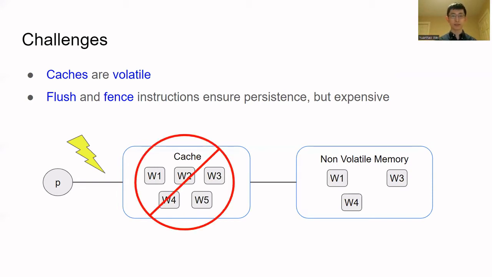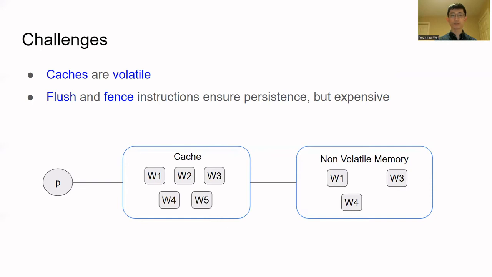Because of this kind of problem, processors have introduced new flush and fence instructions. The flush instruction takes a memory location and it forces it to be written out to main memory. For efficiency reasons, it does so asynchronously, meaning you can do other instructions while this is happening. The fence instruction synchronizes all previous flushes by waiting for them to complete.